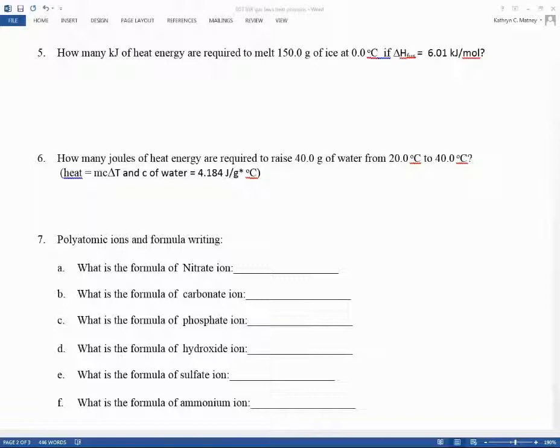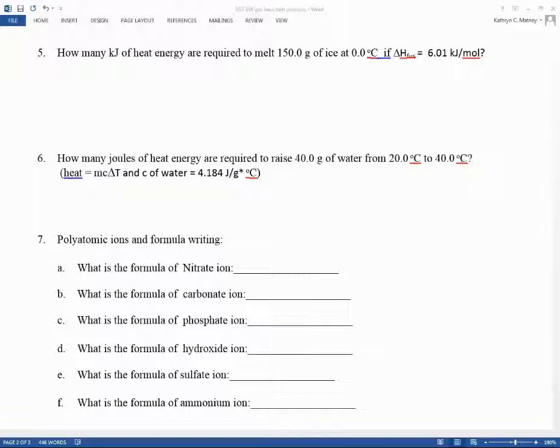PO4 to the -3 charge. What's the formula of hydroxide ion, the stuff you find in soap or lye? OH to the -1. What's the formula of the sulfate ion? SO4 to the -2 charge. And what's the formula of the ammonium ion? Thank you, Natalie. You're on the ball today. NH4 to the +1 charge.